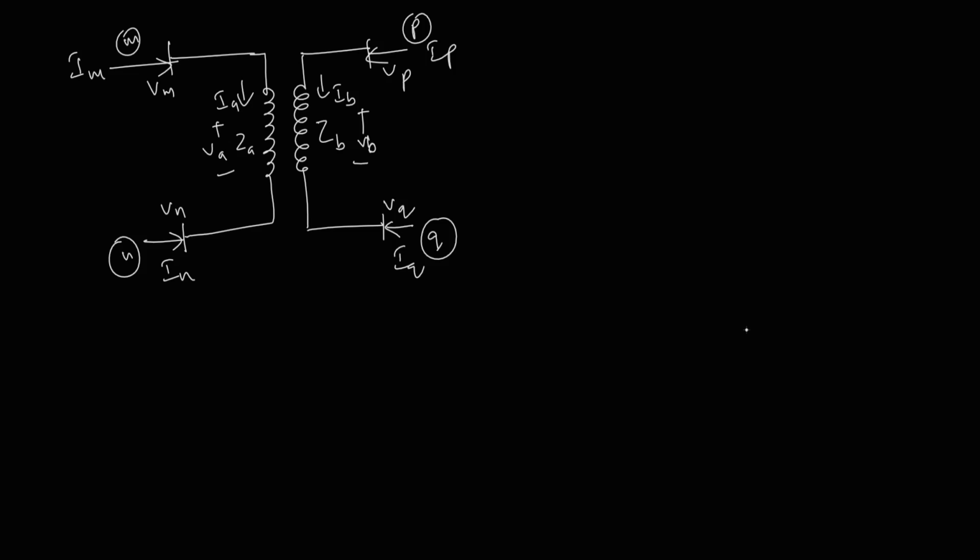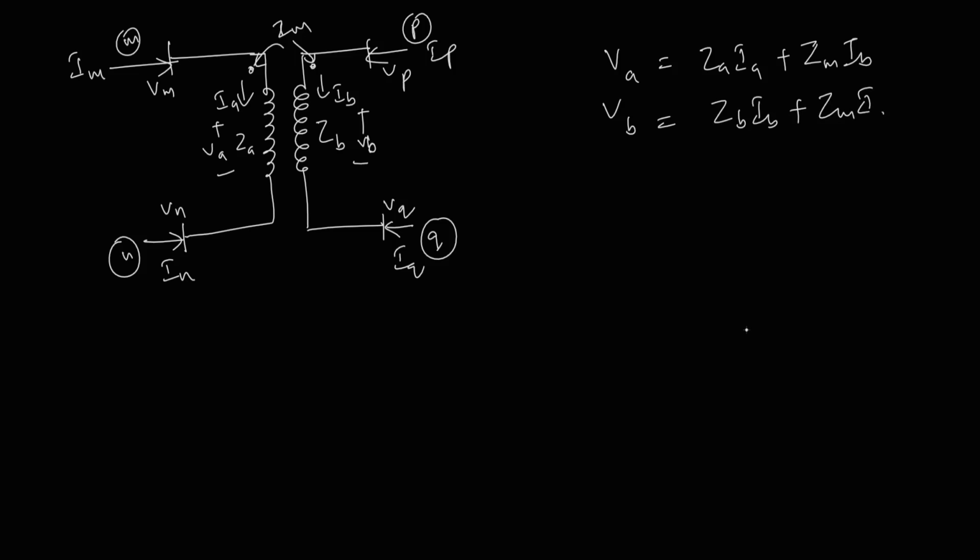Now same logic, you write the primitive form of equations and then try to convert into nodal form. So primitive form, I say VA is equal to ZA IA plus you have the mutual coupling, mutually linked, that is ZM times IB, and VB is equal to ZB into IB plus ZM into IA.